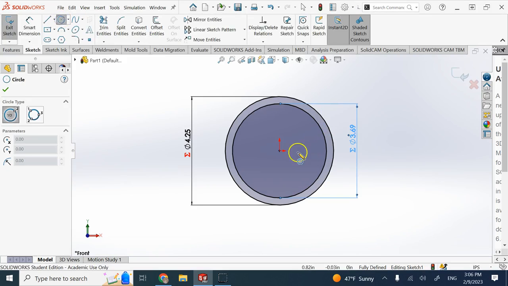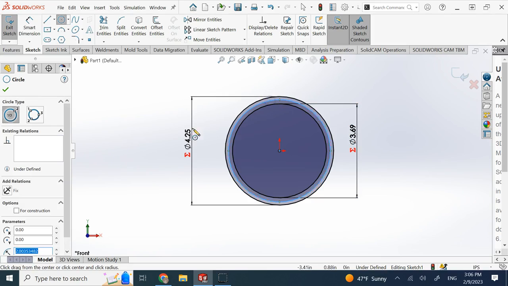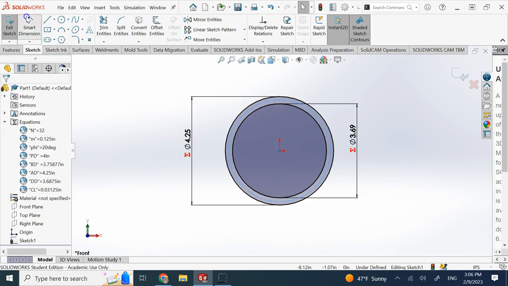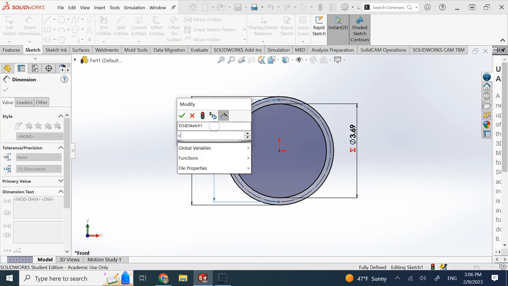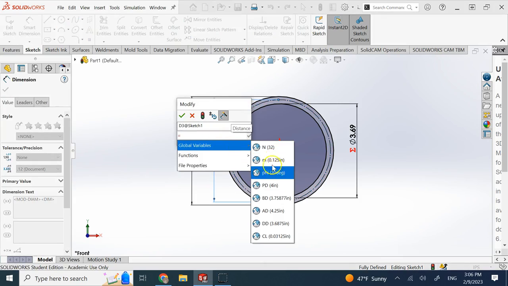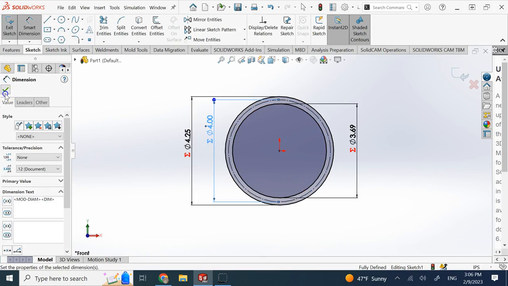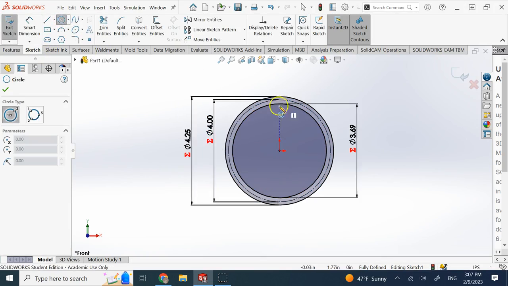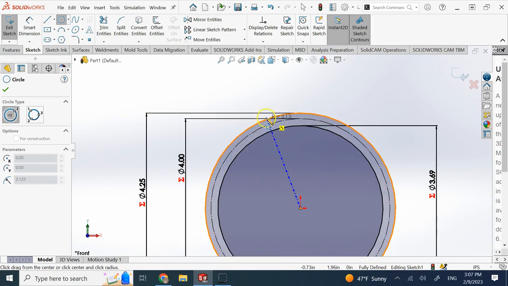And then we have other circles. One of them is the pitch circle, and this one I make a construction element because it's not real, it's an imaginary circle. And the diameter of this is equal to the pitch circle. And finally, we have the base circle. Base circle is also imaginary.